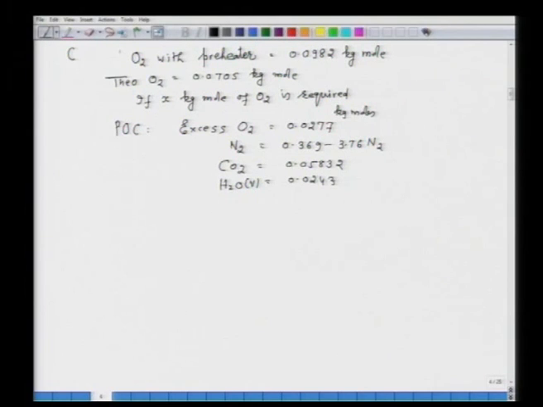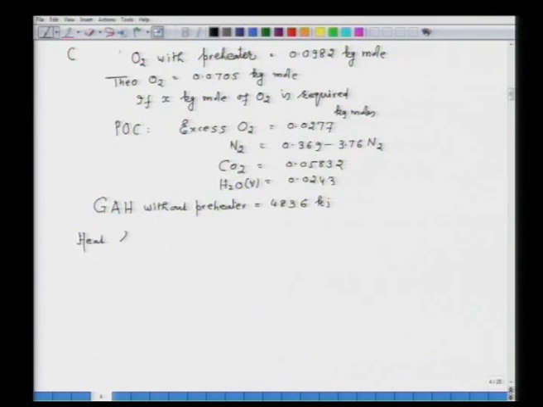I will be calculating now gross available heat without preheater. So, gross available heat without preheater, that we have got around 4836 kilojoule, refer to A part of this problem. So, now heat balance, again you have to calculate the heat output, heat of POC and so on.